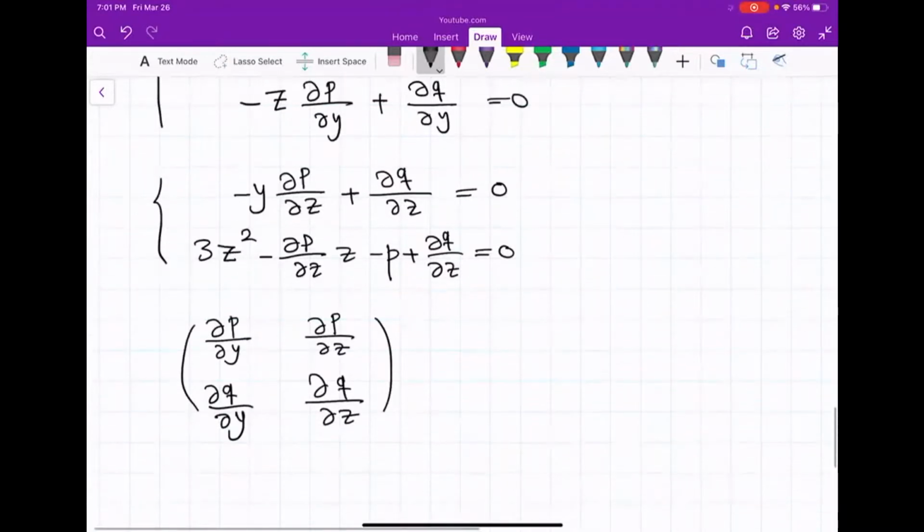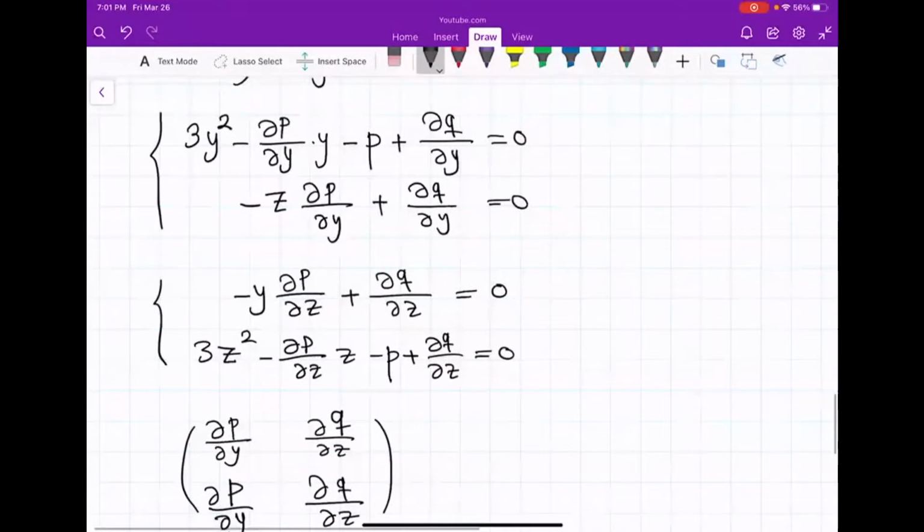So the goal is to show that this matrix is invertible. Or, for reasons that will be apparent soon, I want to actually look at the transpose of this matrix. So I want to put Q here and P here. So I want to show this matrix is invertible.